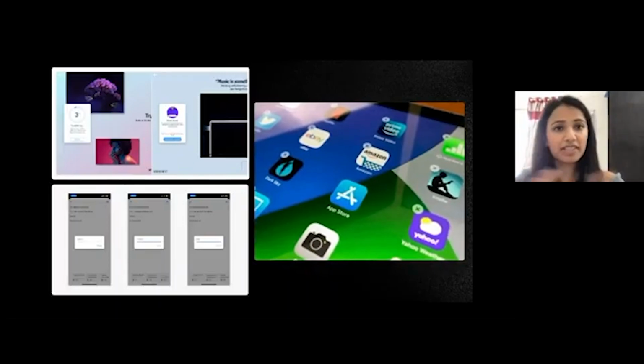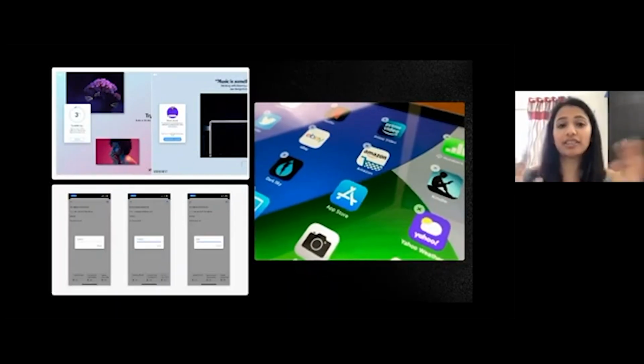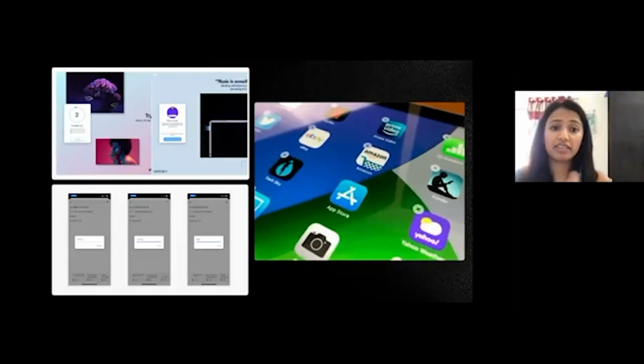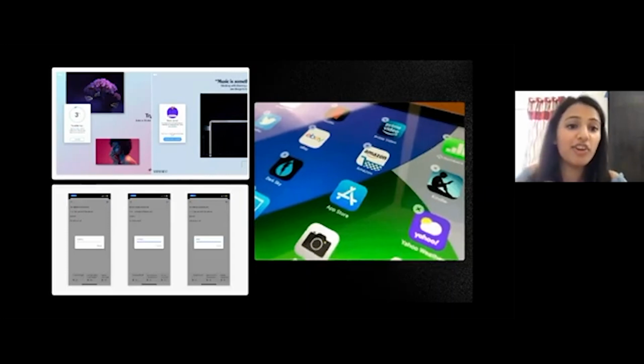So this basically, like you can see, helps the user understand where I am at and what is happening with the system and what is happening to my actions, like a quick feedback. And a really good example of appropriate feedback would be the iOS jiggle mode, where the user presses for a long time on the screen and the app icons start to jiggle.